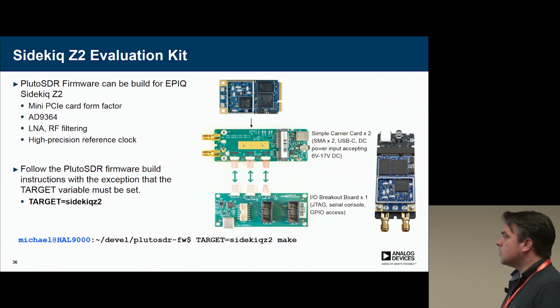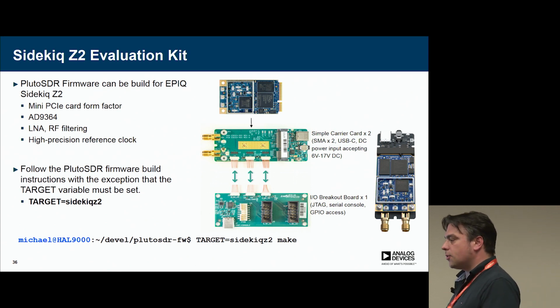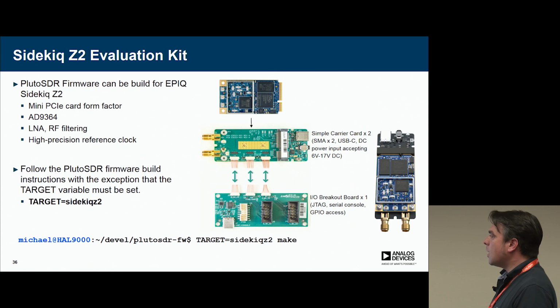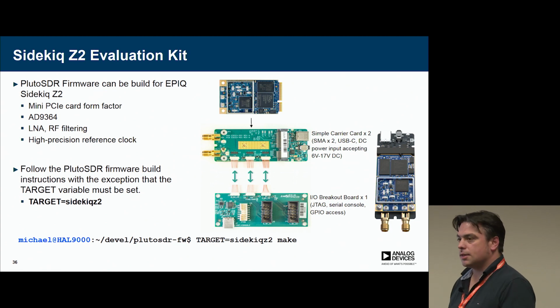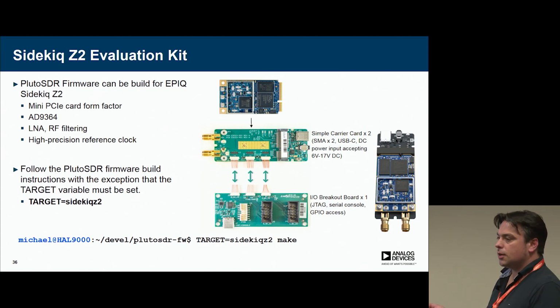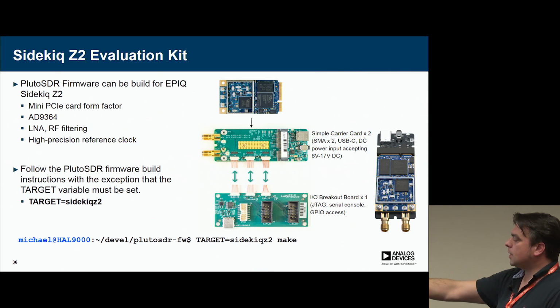It also uses the AD9364, but in addition has some LNAs and RF filtering on it, and a very good high-precision reference clock. So you can build a firmware blob for this device with the PlutoSDR repository by just, in addition to make, setting a variable called TARGET equals sidekick_gen2 and typing make.